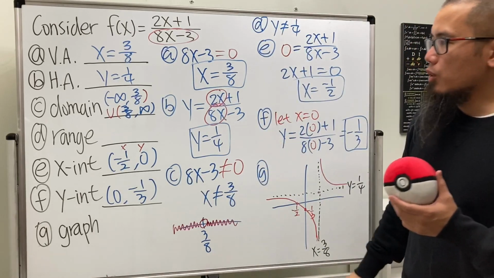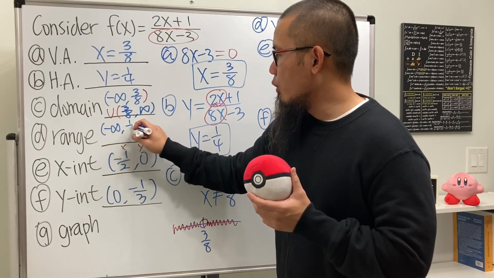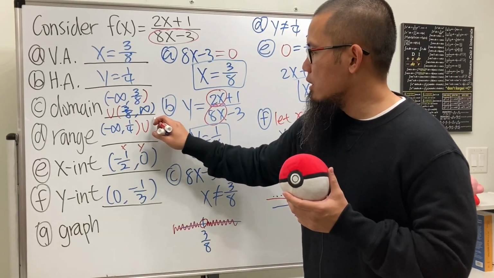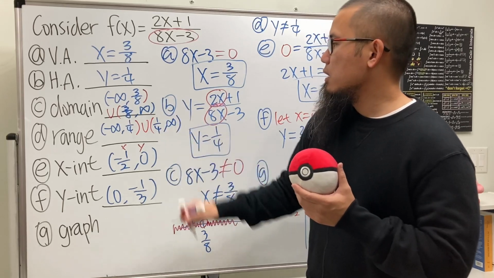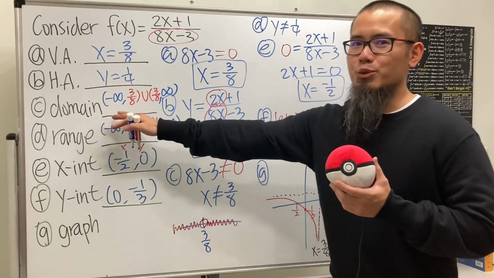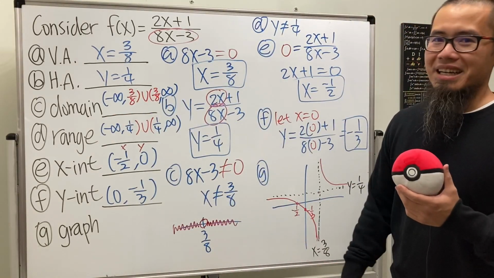So let's go back here and say we go from negative infinity to 1/4, and we put down a union, and then we go from 1/4 to infinity. So that's that. I just want to make sure that I write the interval notation on one line, so that looks much better. So this is it.